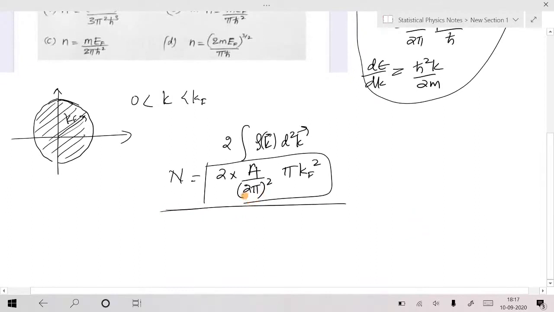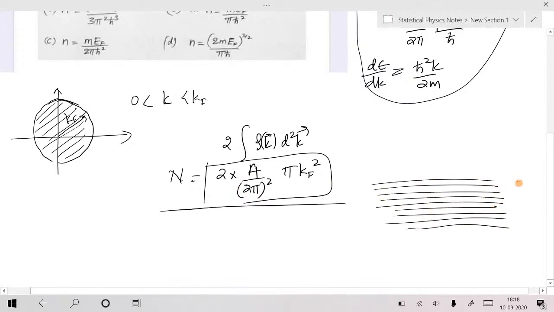Counting the number of states at 0 degree Kelvin, up to Fermi energy, this is the idea. Suppose you take it like this, all of these states are completely filled. Am I right? This is EF, this is E1, E2 and so on.